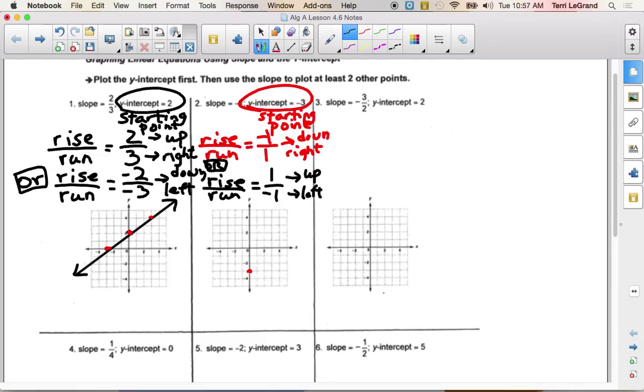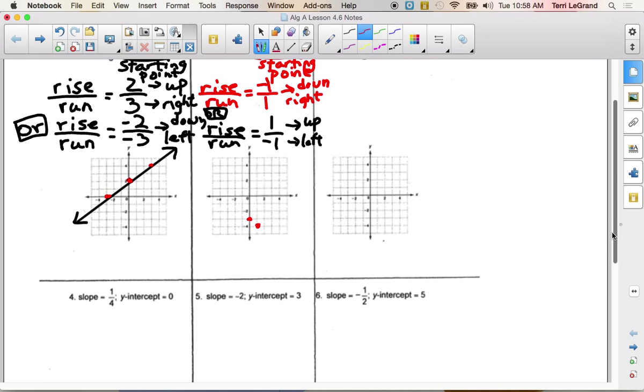So we're going to start at our starting point, and we're going to use both of those rise and runs. In this one, we're going to go down 1 and 1 to the right. That will give us a point. Then we're going to use this one where we would go back to our starting point. We'd go up 1 and 1 to the left, and we'll have our third point.